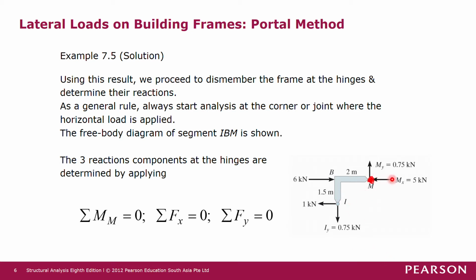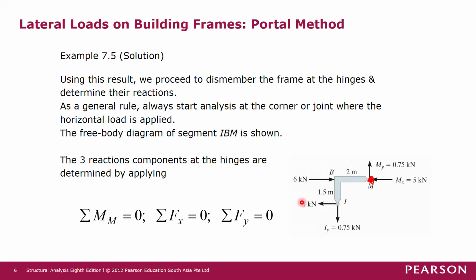So for joint M, we have mx going through joint M, my also going through joint M, and 6 kilonewton force also passes through joint M. So these three forces don't create any moment about joint M. And then we have Iy, which is assumed to be a downward force, and Iy has a 2 meter moment arm to joint M. So Iy is creating an anti-clockwise moment about joint M. So Iy times 2 is the positive moment.